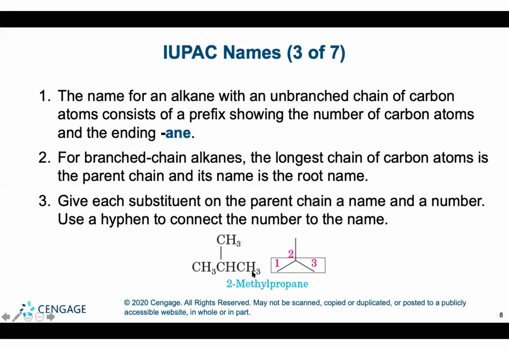What about if I go from here? 1, 2, 3. Again, on carbon 2, I have a methyl group. What about if I go from here? 1, 2, 3. Again, on carbon 2, I have a methyl group. So as long as, guys, you get the same name, your numbering is correct.